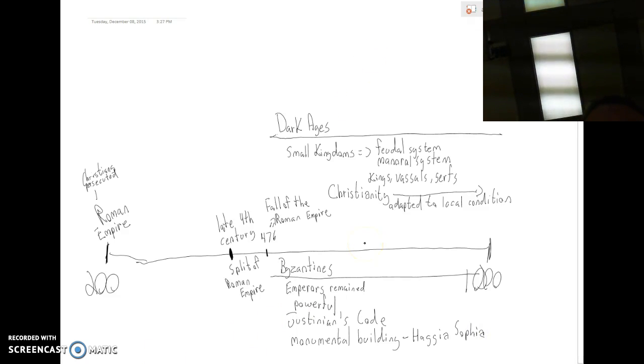And you also have continuations in Christianity in the Byzantine Empire, but you could also look at how Christianity changed in the Eastern Roman Empire or the Byzantine Empire with the emergence of the Eastern Orthodox Christianity.